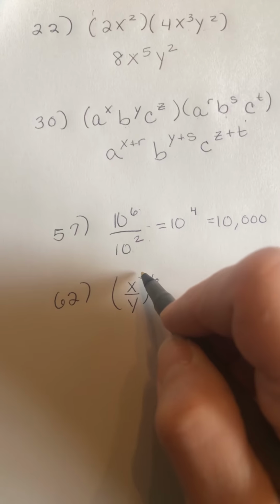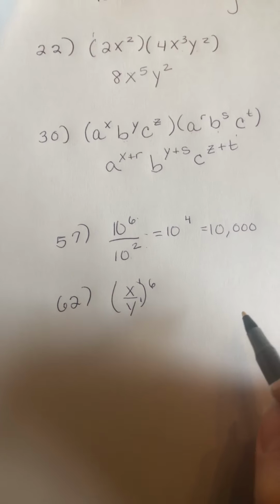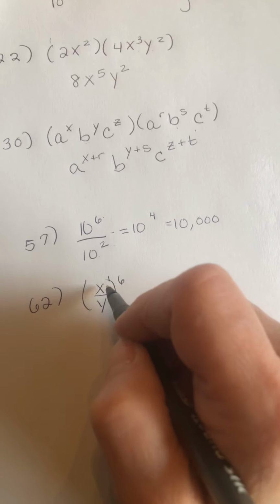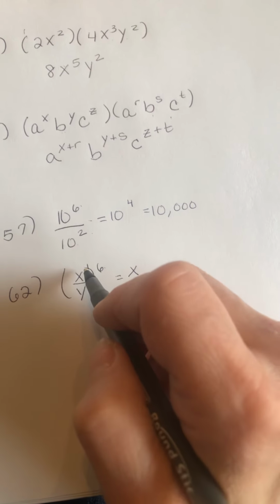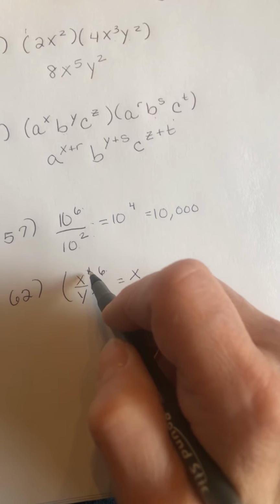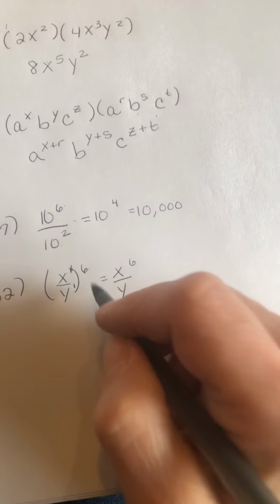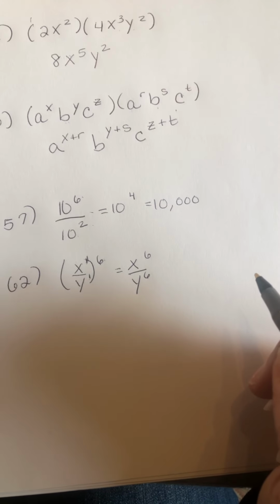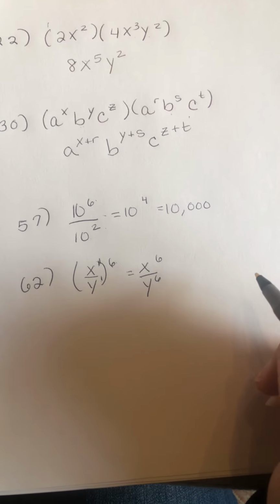Even though we don't see it, these variables, the x and y, have an exponent of 1 attached to them. So when we raise a power to a power, we keep the base and we multiply the exponent. So I have a 1 times 6, which is 6, and 1 times 6, which is 6. So we end up with x to the 6th divided by y to the 6th power.